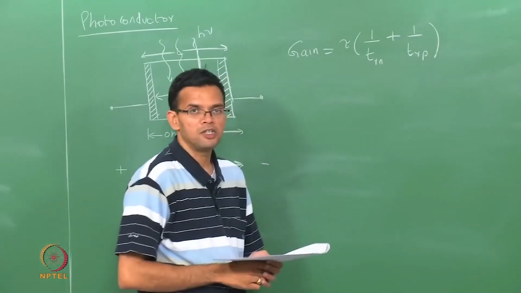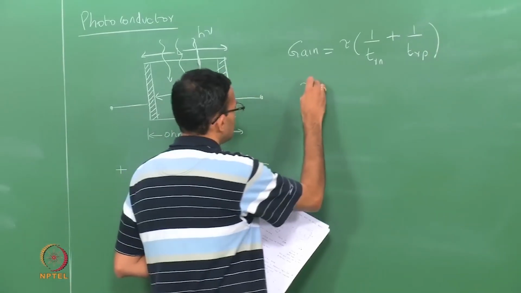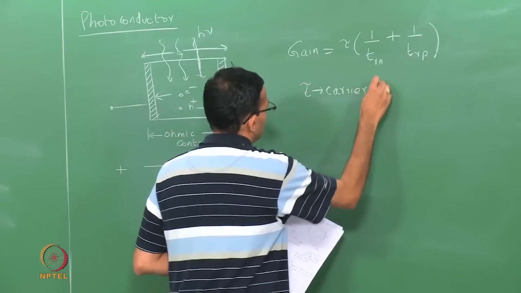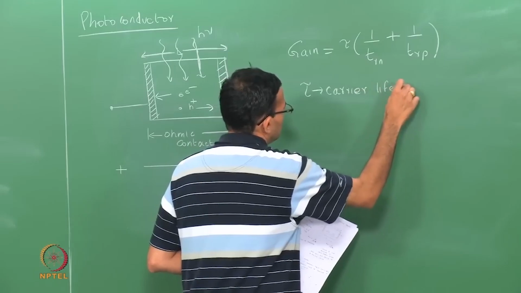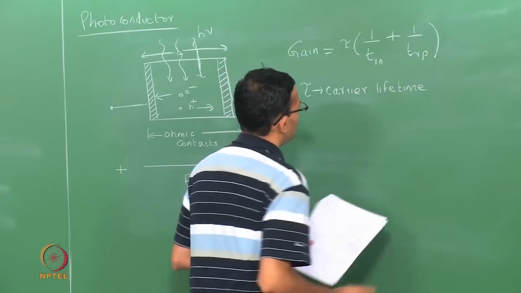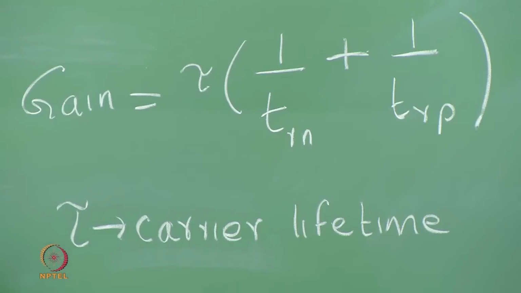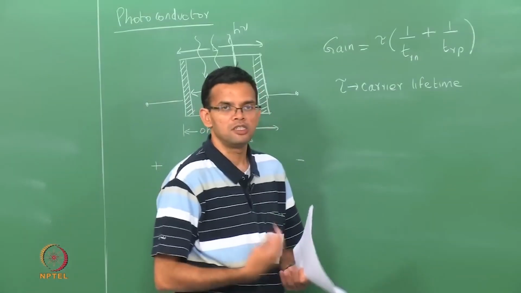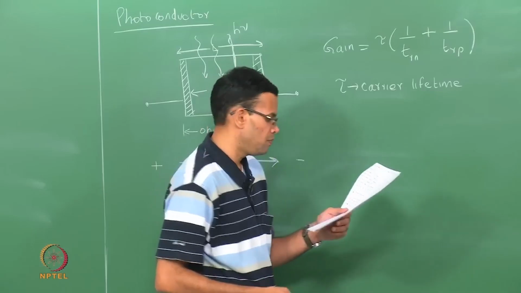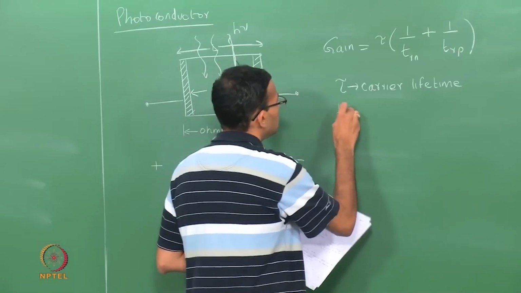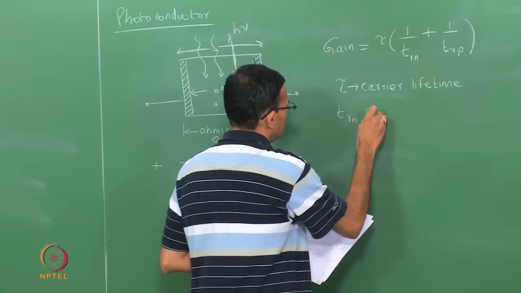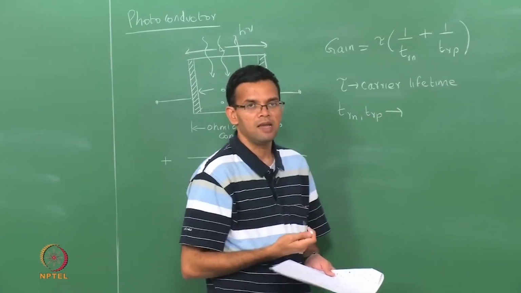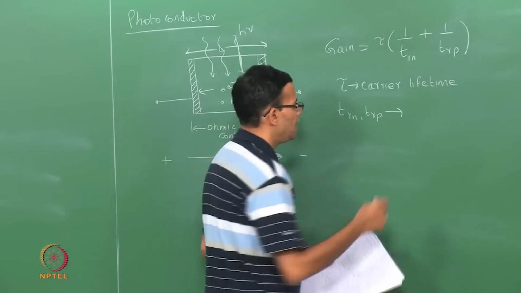Here, tau refers to the lifetime of the carriers, because once your electrons and holes are generated they would like to recombine. So, the recombination is determined by the carrier lifetime. T_RN and T_RP are the transit times for these carriers to reach the electrodes.